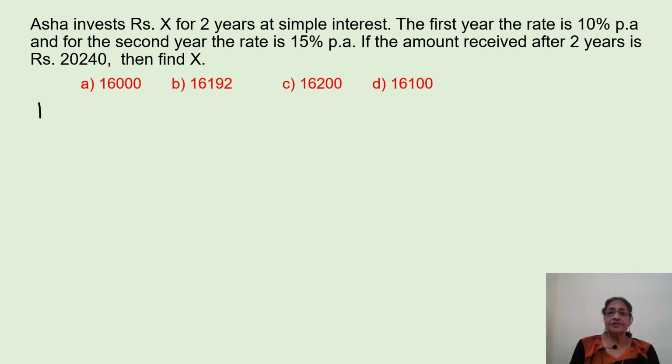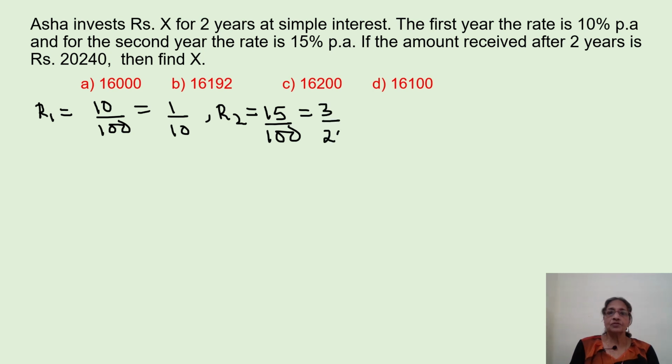So let's take the first rate as 10%. So this comes out to be 1 upon 10. The second rate is 15%. This comes out to be 3 upon 20.